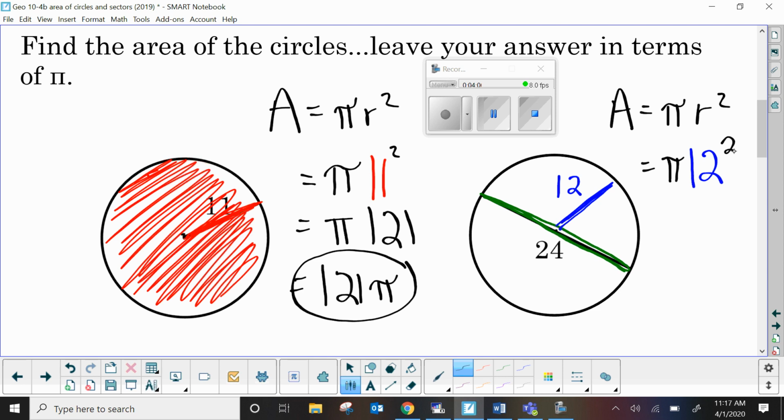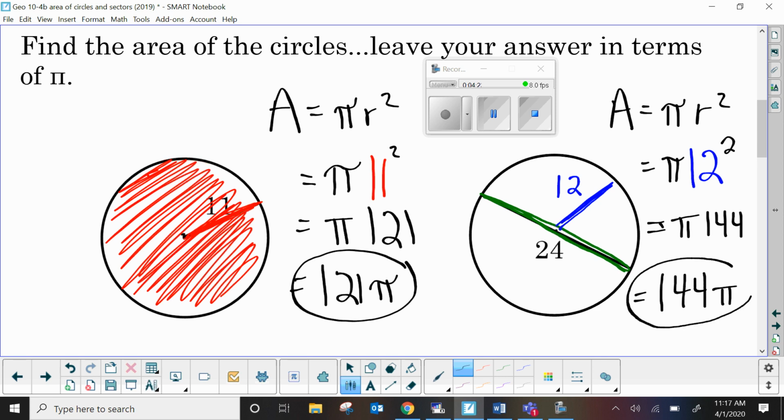Order of operations tells me to do that 12 squared first. 12 times 12 is 144, so this is pi times 144. Of course I would not leave my answer like that; I would leave it as 144 pi. That is the amount of stuff we will need to fill in that circle.